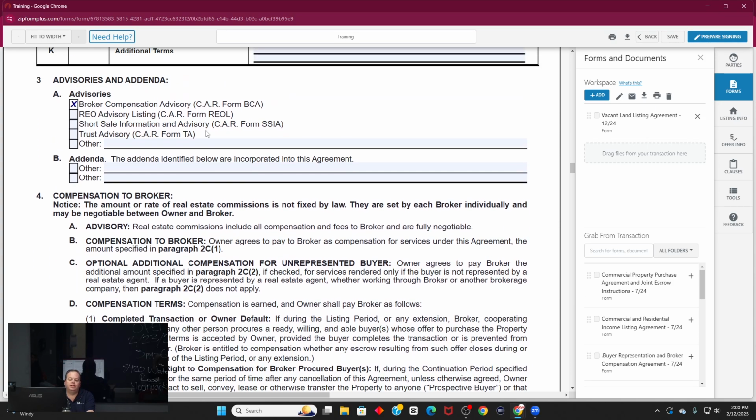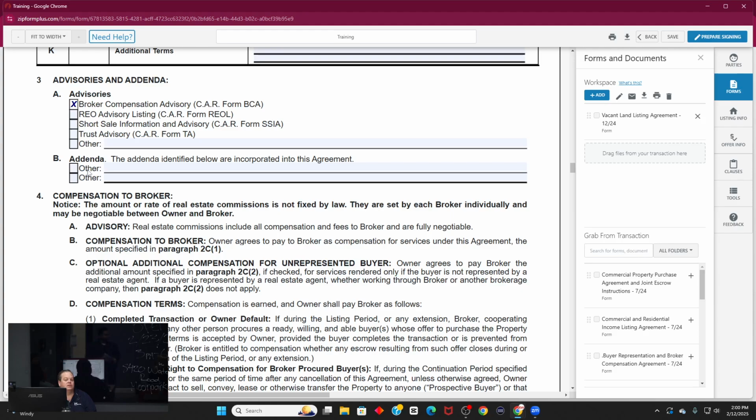And then this is where you would attach the advisories and addenda. So why is it important that if we do have any advisories or addenda, or addendums, we check these boxes to add those addenda? So that the buyer or the sellers know exactly what they're entitled to when they submit the offers.